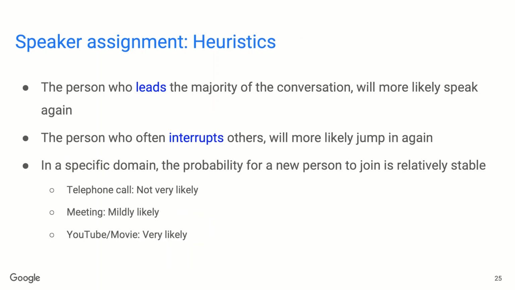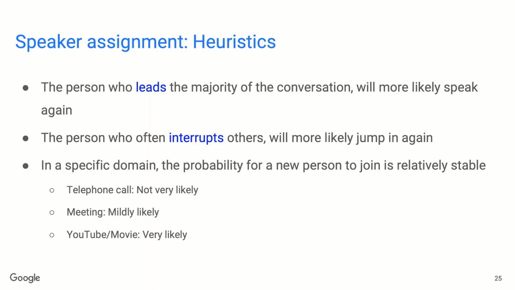So why are we using the block concept here? What's the heuristics behind this distribution? We can understand it this way. If a person is leading the majority of the conversation, we believe he is very likely to speak again. If a person often interrupts others, we also believe he is very likely to jump in again.